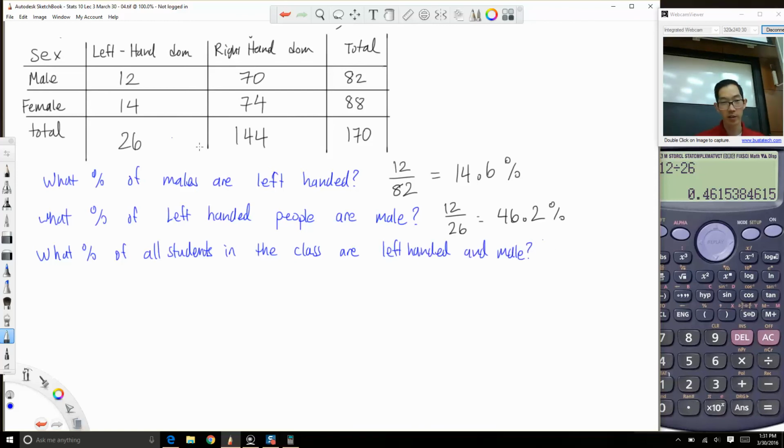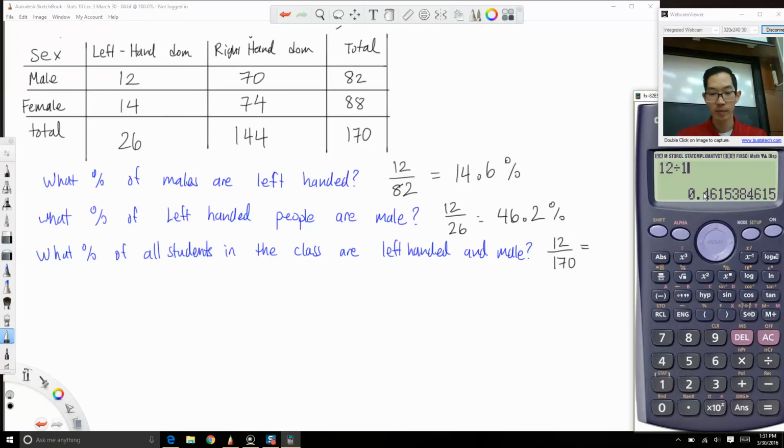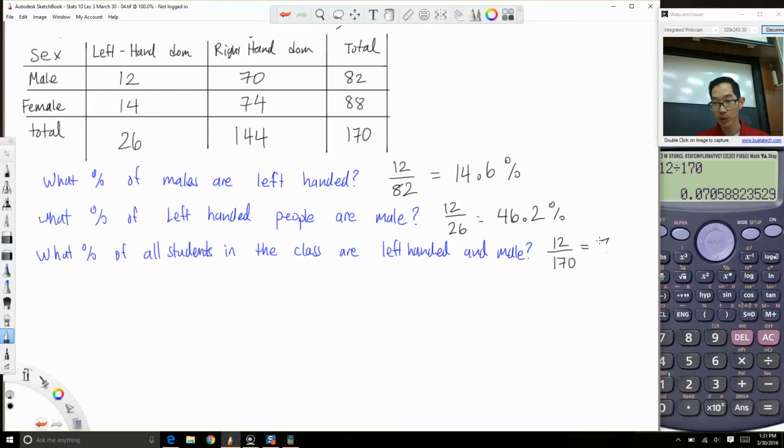Okay, and the answer here would be 12 divided by 170. Okay, and we would get something like 7.1%. Okay, so these are similar sounding, but they're distinct.